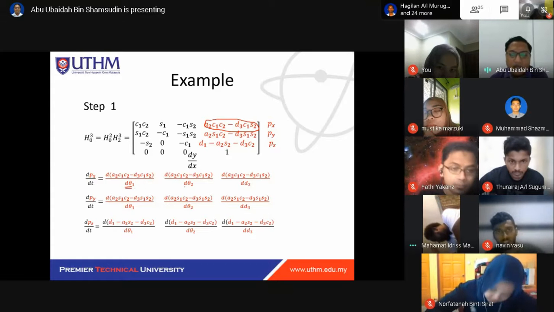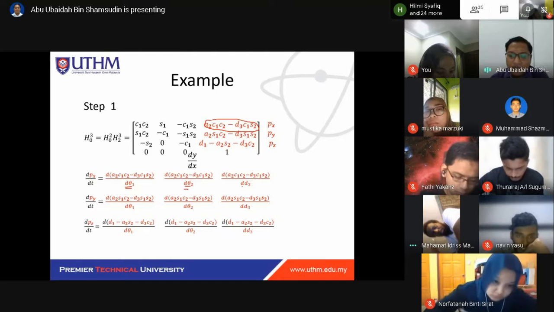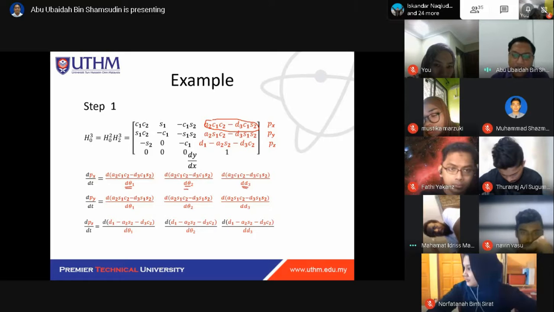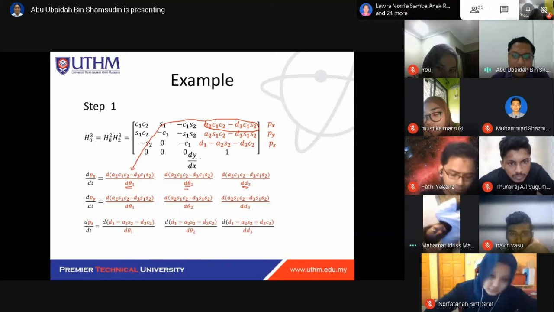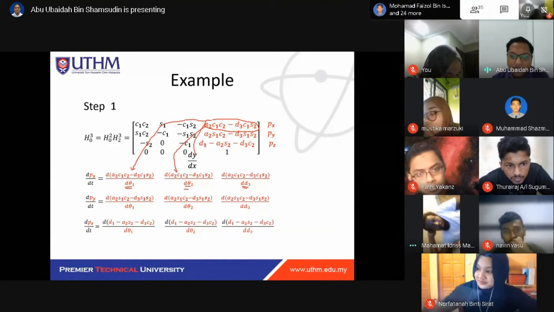For our second link, we also have a rotational motor, so theta 2. For the third link, we have d3. So we need to differentiate our px with d theta 1, then bring it here and differentiate with theta 2, and bring it here and differentiate with d3.